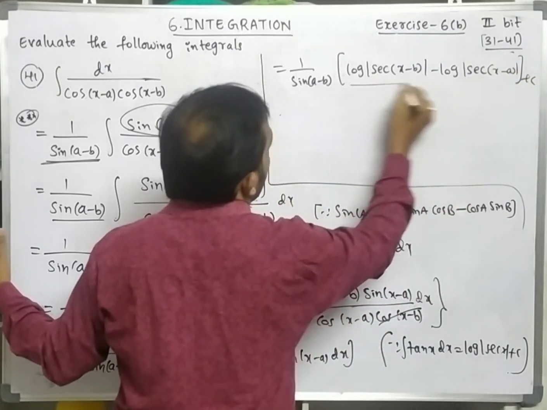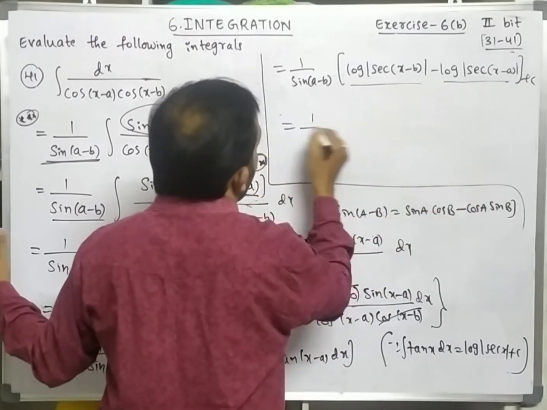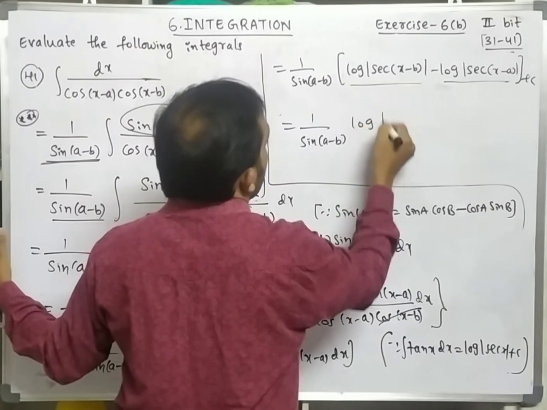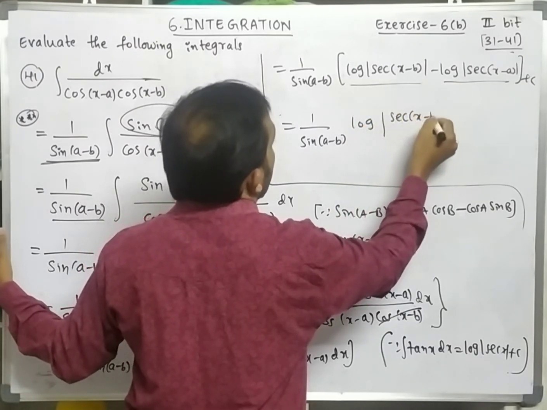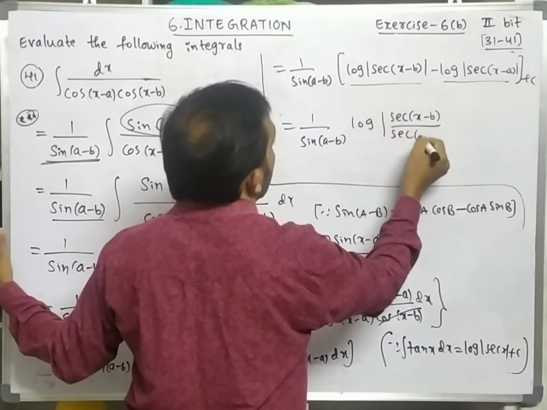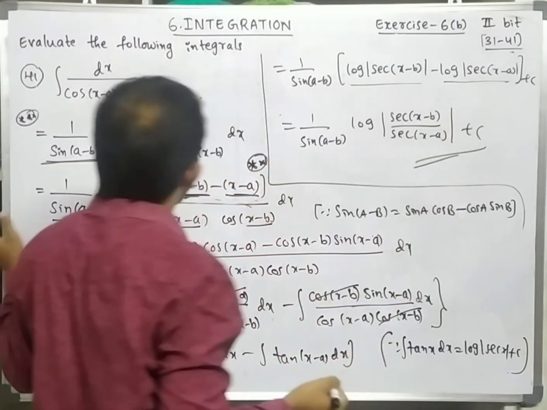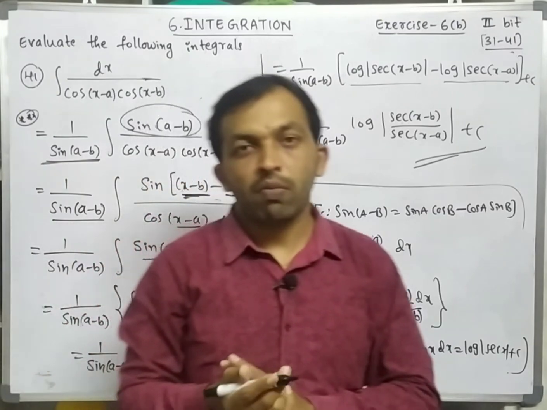So this is of the form log a minus log b. The final answer is log a by b, that is secant of x minus b by secant of x minus a plus c.